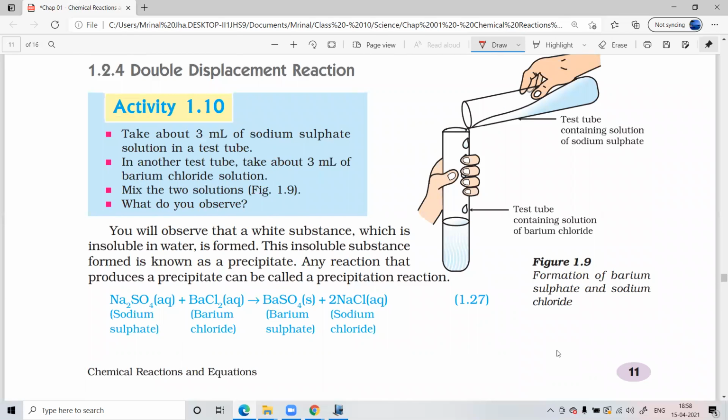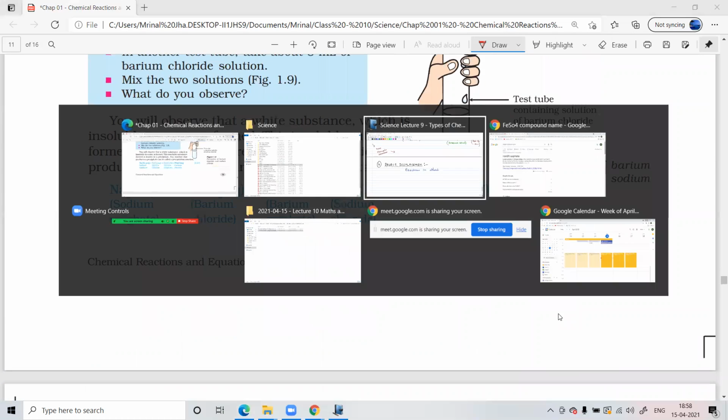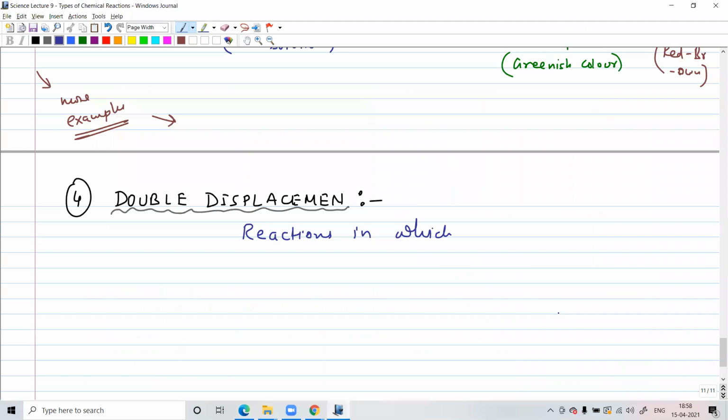Double displacement is a little special because it has one more name. Most double displacement reactions result in forming a precipitate, so they are also called precipitation reactions. Whenever some precipitate is formed, a double displacement reaction will also be called a precipitation reaction. Fine, so let me give you the definition quickly.